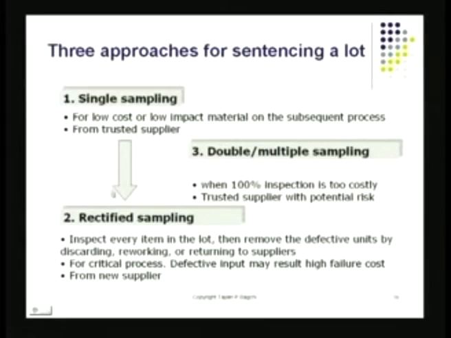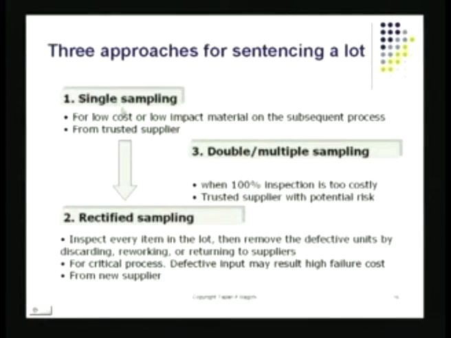Then there is another approach which is sometimes combined with the single sampling plan. That is called rectified sampling. What we do there is I look at the rejected lots. I've got a production system that is running, and it's dependent on the supplier's parts that have arrived, and I have to keep my production plan going.